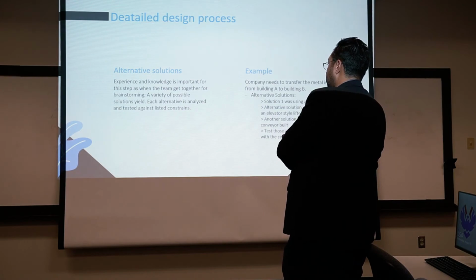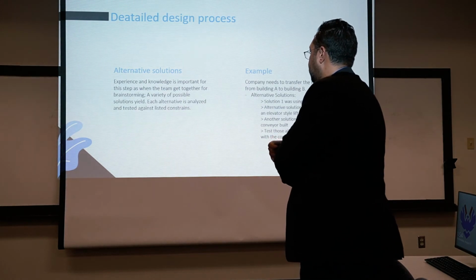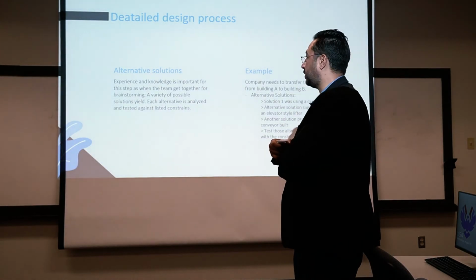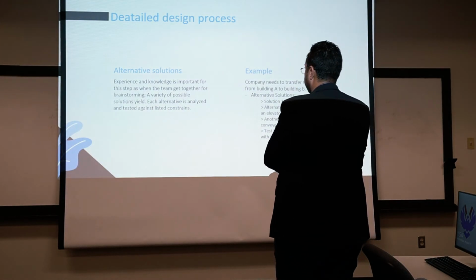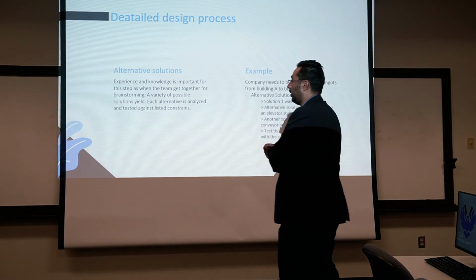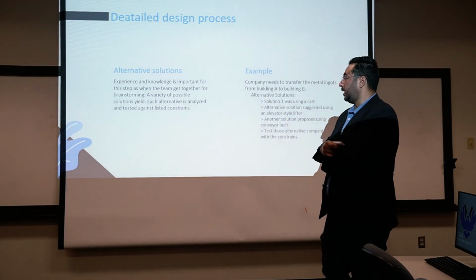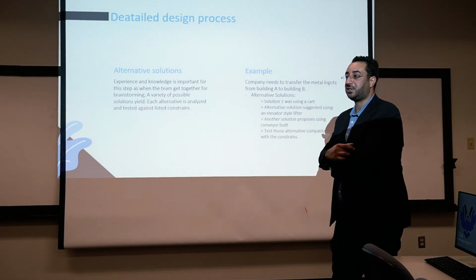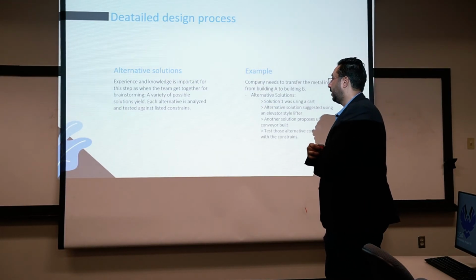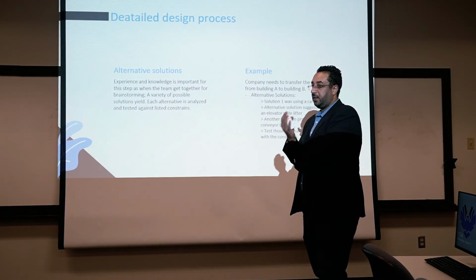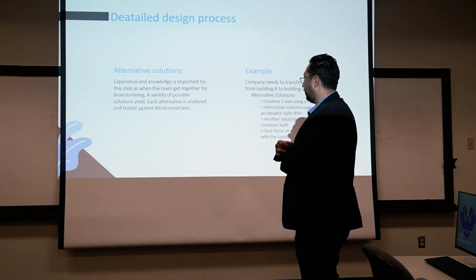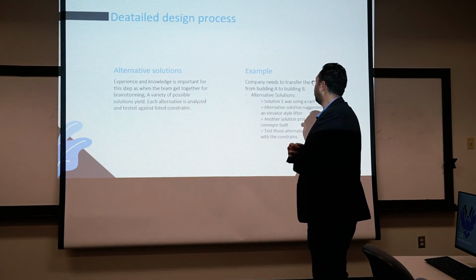Alternative solutions: you have experience and knowledge to be able to provide alternative solutions. That's important. The team would usually get together to do brainstorming, and the experienced ones would give better solution suggestions than the newer ones, and then the team together would analyze each solution and try to see which one they should go with.